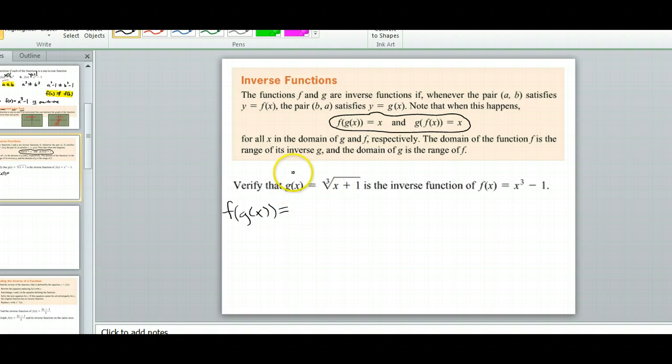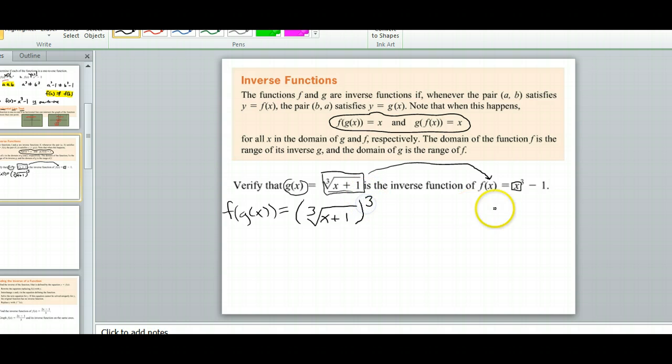Plugging g into f means take this function right here and replace the x right here, meaning this x right here is going to be replaced with all of this g of x. So we're going to take the cube root of x plus 1, and we're going to replace that x with that. So what happens to this x? It gets cubed. So this function will get cubed, and then we subtract 1. Minus 1.